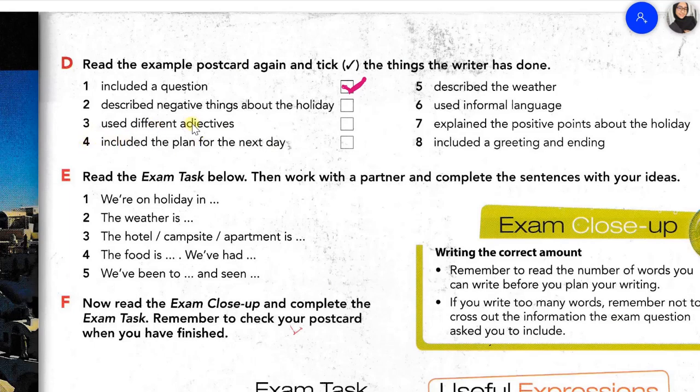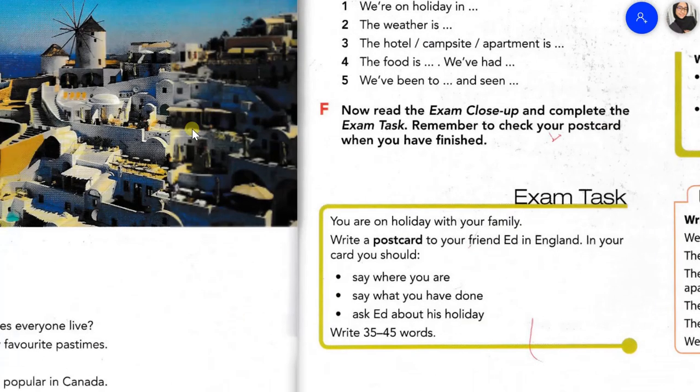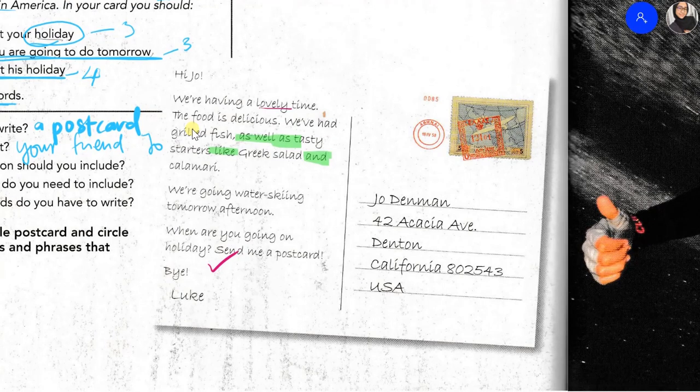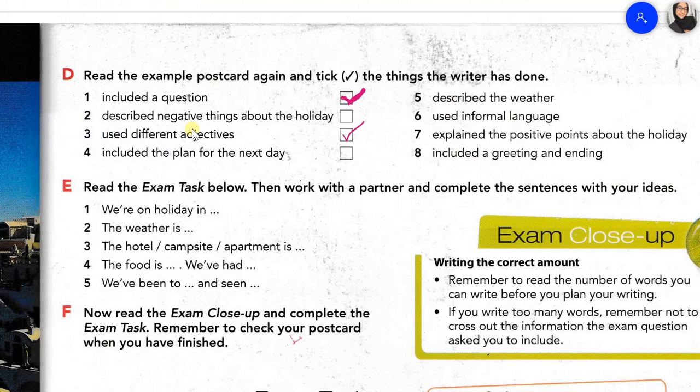Did the writer use different adjectives? Yes. For example, where are the adjectives? Let's look at the adjectives. For example, lovely, delicious, grilled, tasty. That's all. Those are adjectives. In case you forgot, adjective is a describing word, words that you use to describe things.